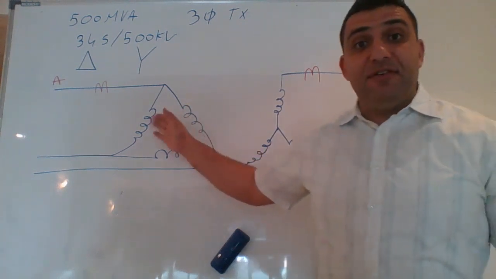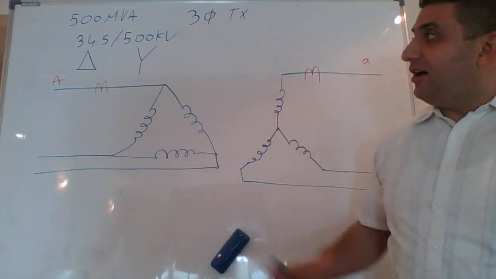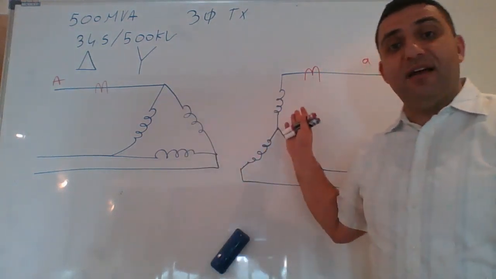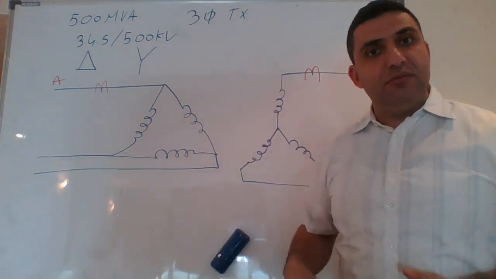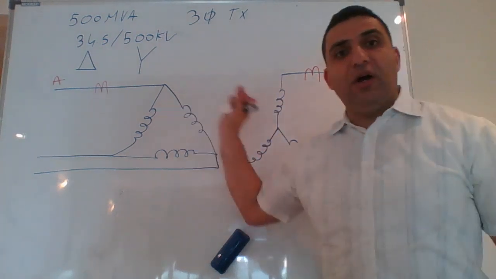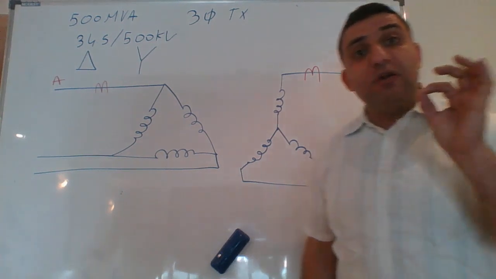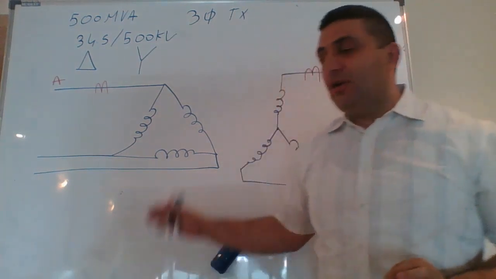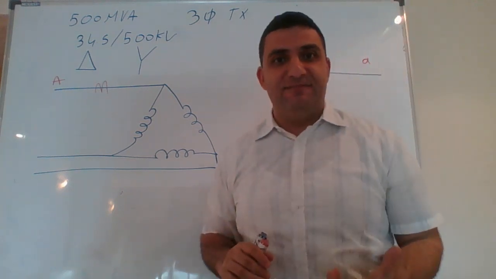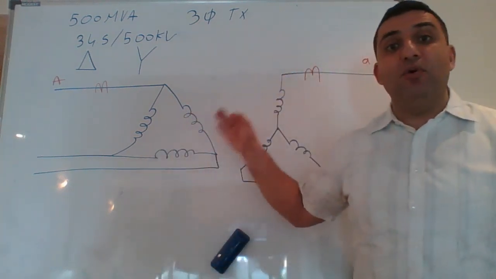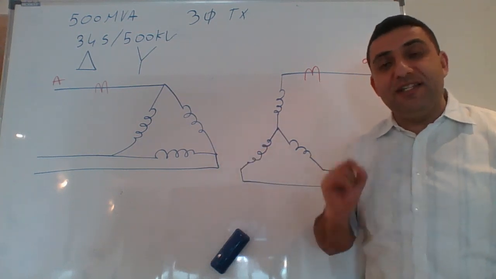When I have a three-phase transformer, pay attention. I can connect delta-Y, I can change it to Y-delta, I can also change it to YY or delta-delta. If you recall, when you convert from delta to Y, there will be a shift of 30 degrees. This is very important for us to take note of, the 30-degree shift.